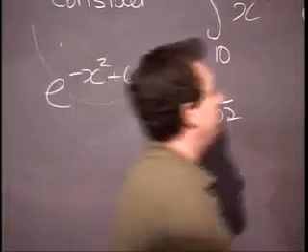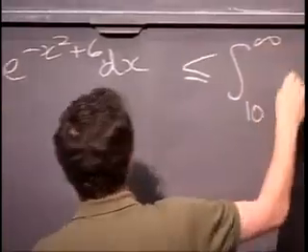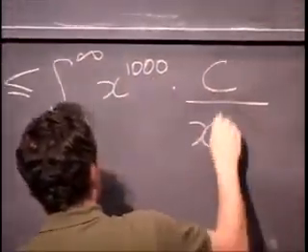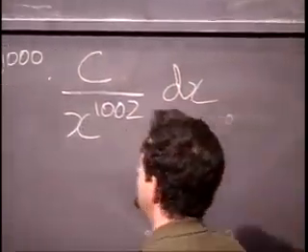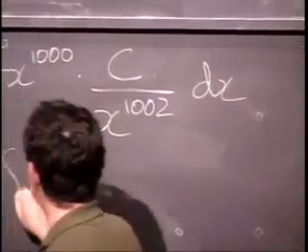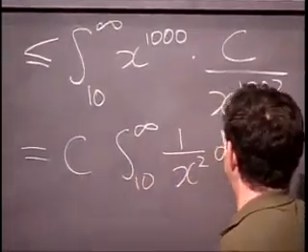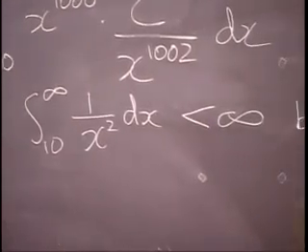And now this is less than the integral of x to the 1,000 times the constant over x to the 1,002. And again, the magic works. It's not really magic, but you end up with 1 over x squared, which converges by the p-test.